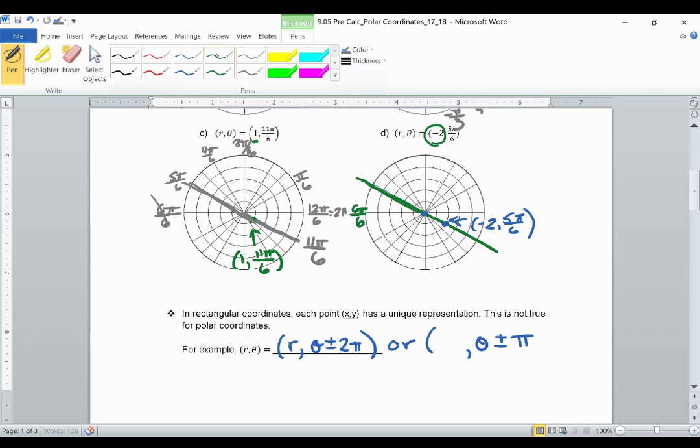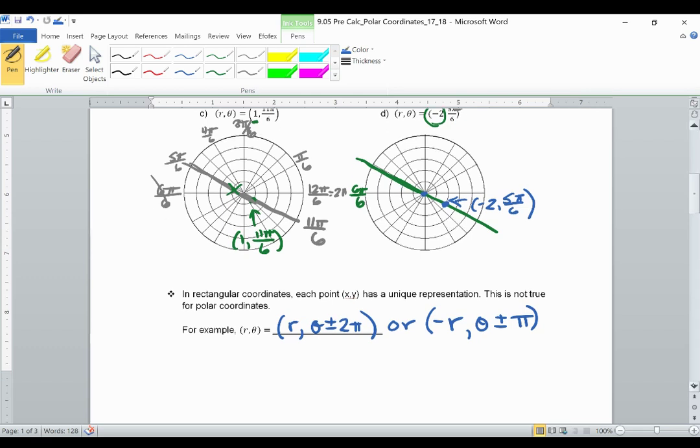But if I want it to be the same point, I would have to negate r to bounce it to the other side. So I would have to do negative r and then add pi or subtract pi to it. So if you add half a circle or 180 degrees, then you need to just negate r and you'll still be in the same exact spot as you started.